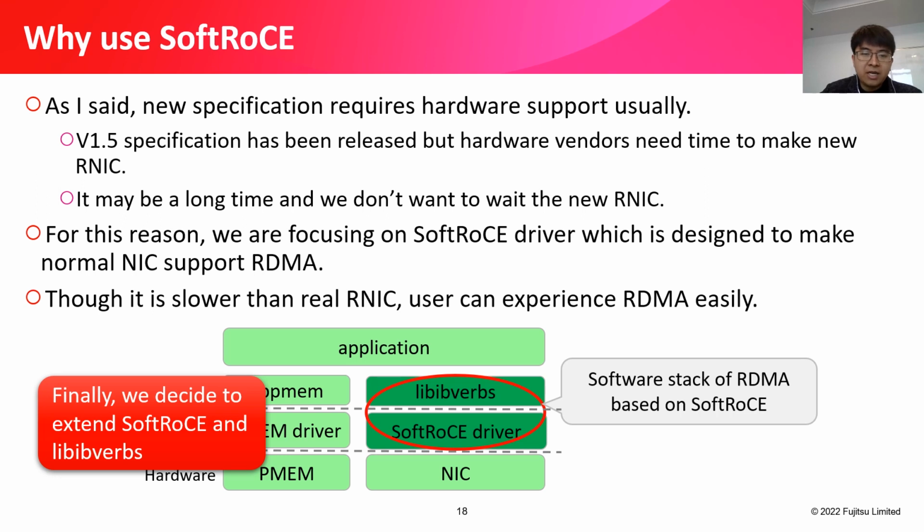It may be a long time, and we don't want to wait for the new RNIC. For this reason, we are focusing on the soft RoCE driver, which is designed to make a normal NIC support RDMA. Though it is slower than a real RNIC, users can experience RDMA easily.